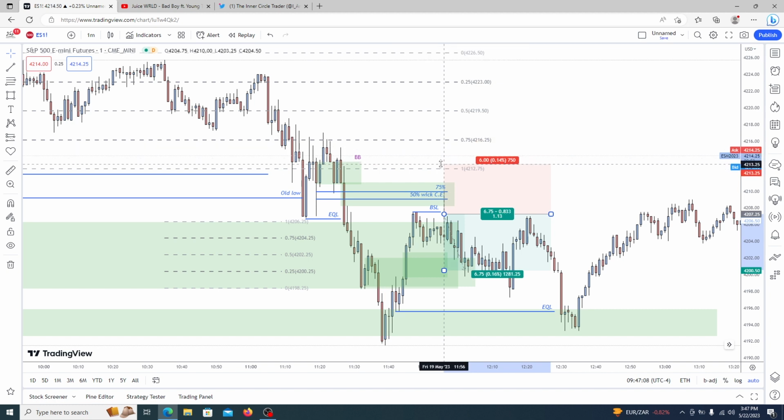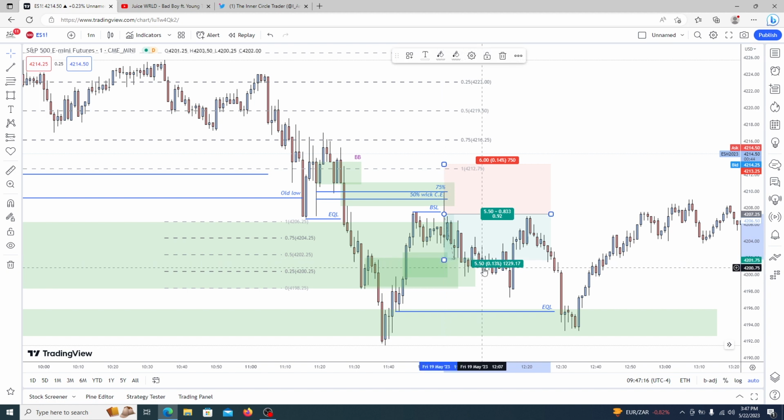That's depending on what you prefer. Then of course this fair value gap right there, that's 5.5 handles, which is a good salient point to take a partial or to collapse the whole position and be happy with that.